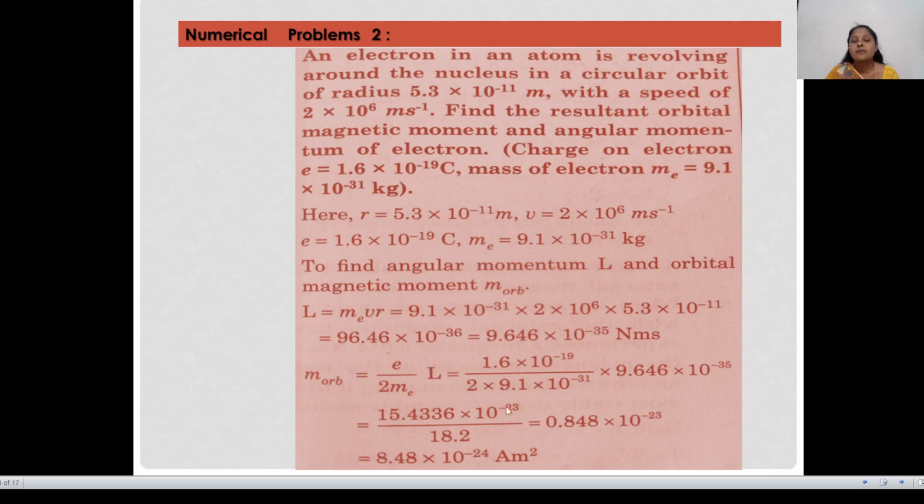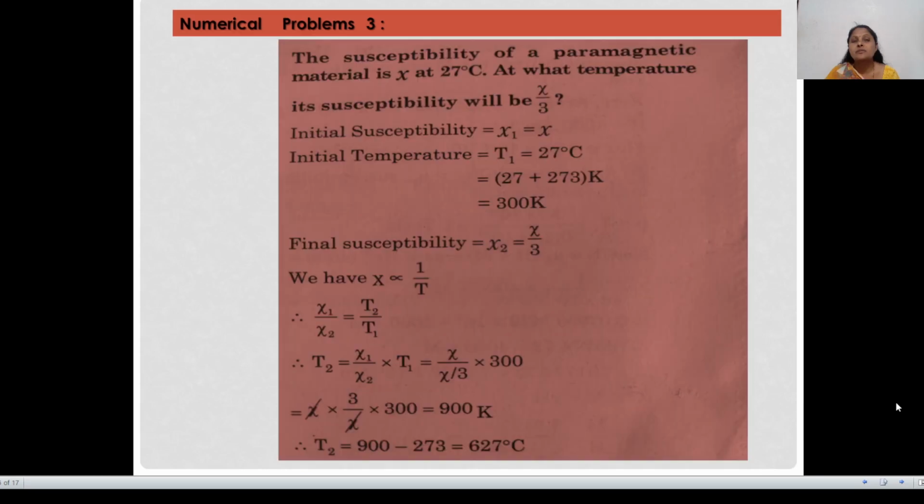Therefore, you calculate or solve this equation numerically. You finally get M orbital is equal to 0.848 into 10 raised to minus 23. That means M orbital is 8.48 into 10 raised to minus 24 ampere meter square.